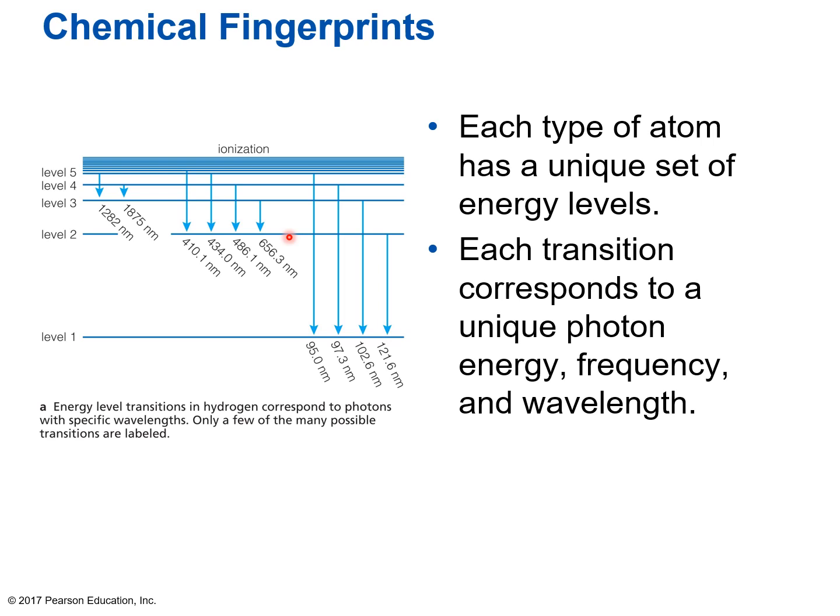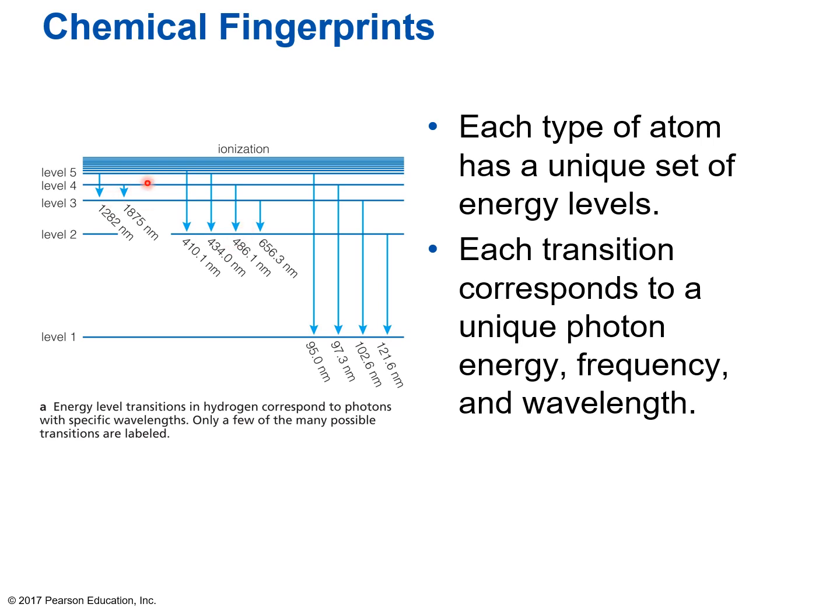Well, now we're going to see that that's related to a certain wavelength of light, 656.3 nanometers, which, by the way, is the color red. But if it falls from level 4 down to level 2, that's a higher amount of energy, which means a higher frequency, which means a shorter wavelength, 486.1.